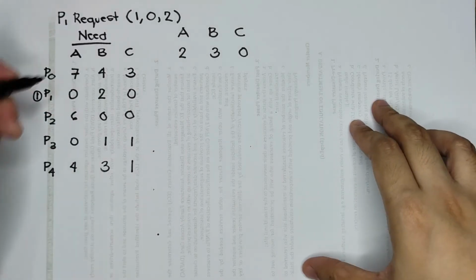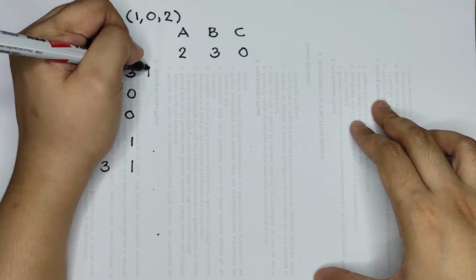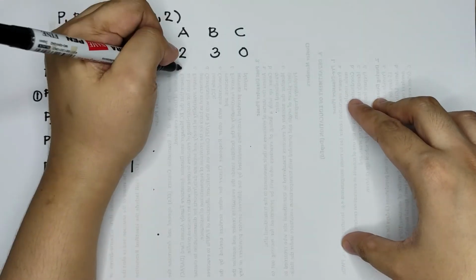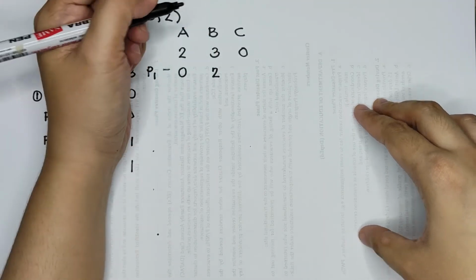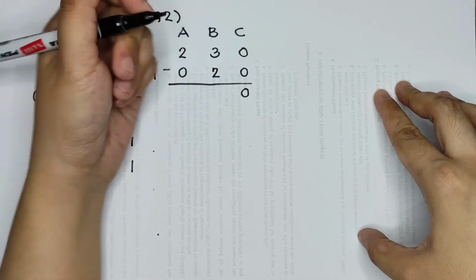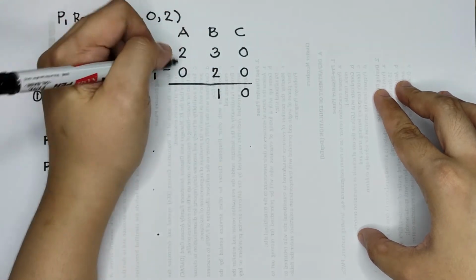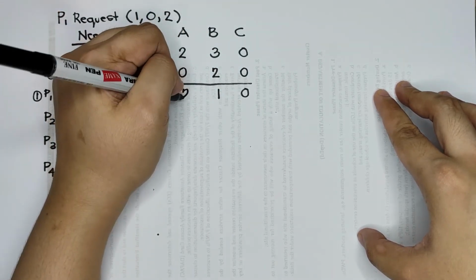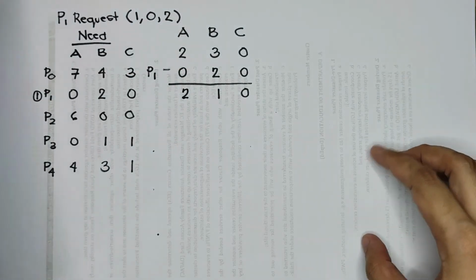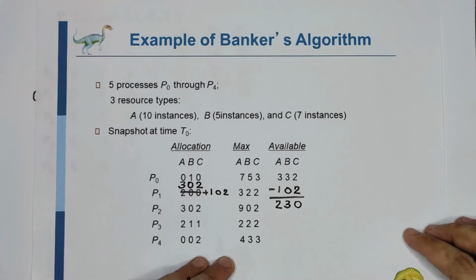So, let's write P sub 1. Subtract its need values 0, 2, 0. So, we have 2, and 3 minus 2 is 1, and 0 minus 0 is 0. So, we have 2, 1, 0. And then, let's return to P sub 1 after it has finished its execution.